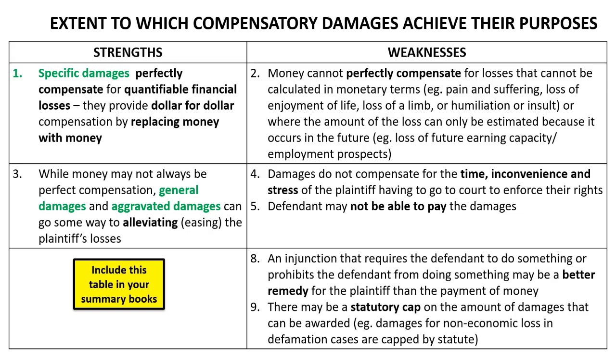In other words, it doesn't matter if the actual loss, that is, the actual damage to reputation that a plaintiff has suffered because of a defendant's defamation, is more than $443,000. The maximum amount of compensation that can be awarded to the plaintiff for this type of loss is $443,000. Where a statutory cap applies, then damages will not compensate the plaintiff for losses above this cap.